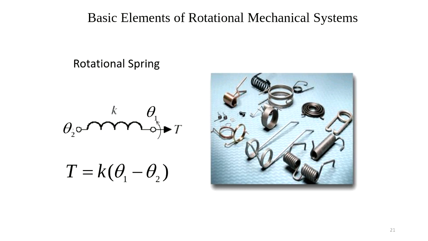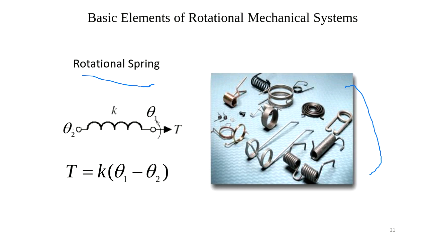Okay. So, just the way we have the spring, we have what we call the rotational spring. You can see some of their pictures here. In the rotational spring, it is the same. In rotation, we don't talk about force.